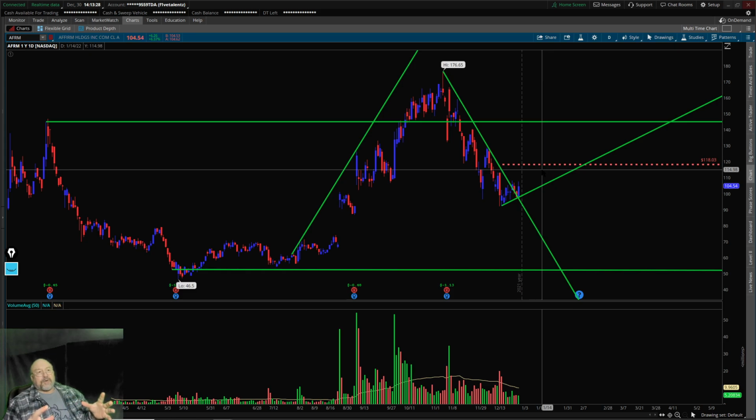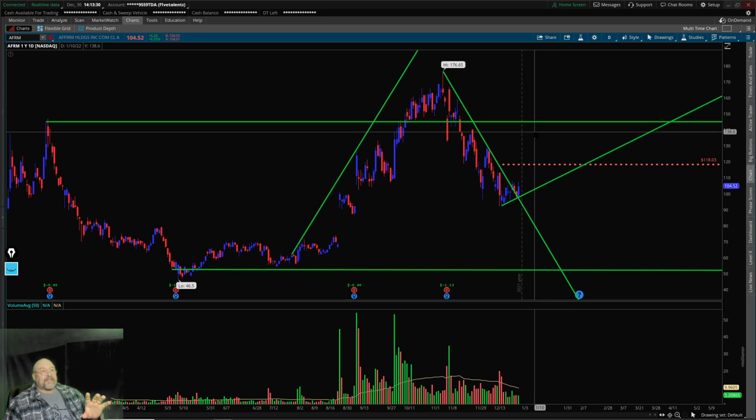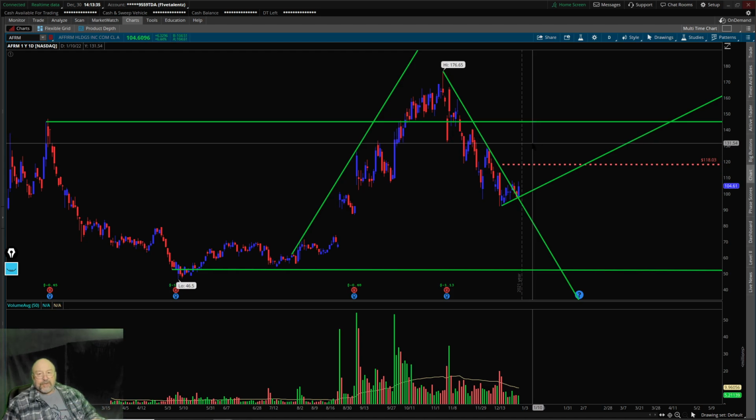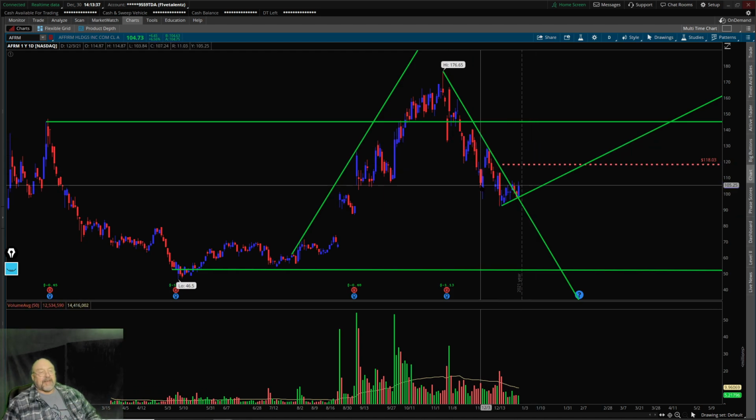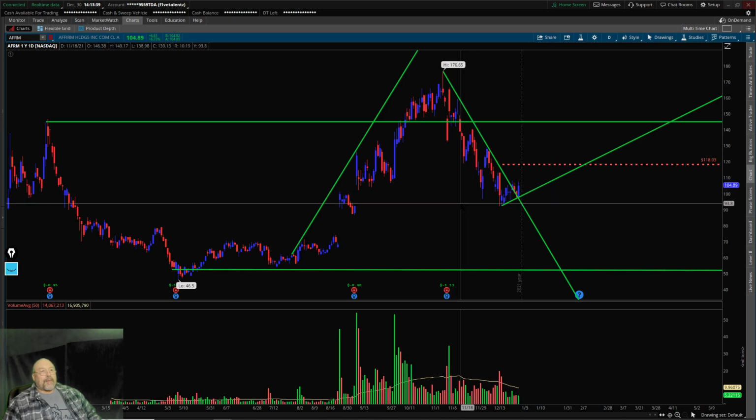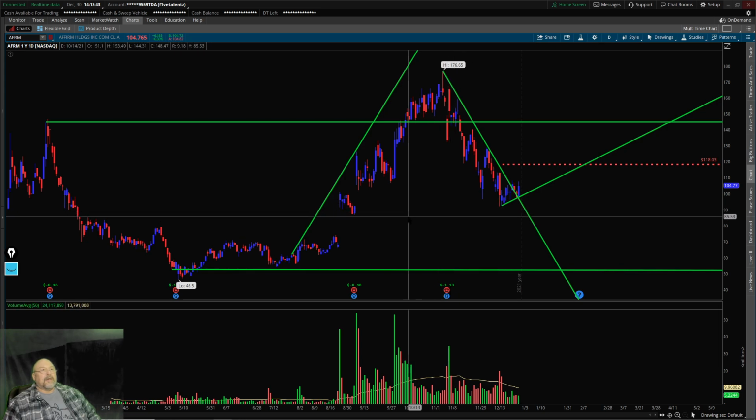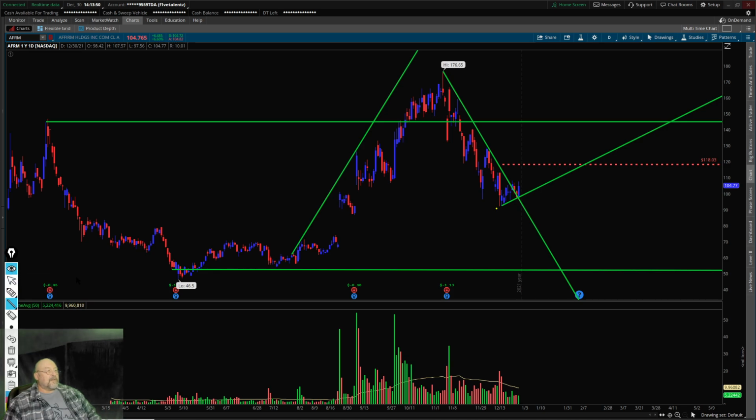That's what gets you in trouble. You want to keep things clean and let the chart tell you what it says it's doing, because that gives you the proper idea of what's going to be happening with the stock. So that is the rules of trend lines.